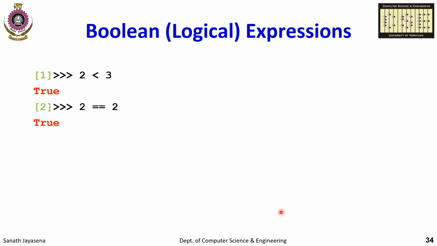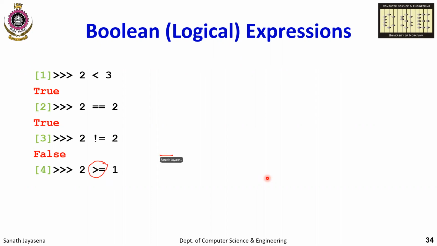And let's continue. 2 not equal to 2. So this third one here is how you check for a not equal situation, whether something is not equal to another. Of course, in this case, it will become false because 2 is equal to 2. So when you say 2 is not equal to 2, it's a false statement. Result is false. And 2 is greater than or equal to 1. Of course, this is how you write greater than or equal to. Remember that.